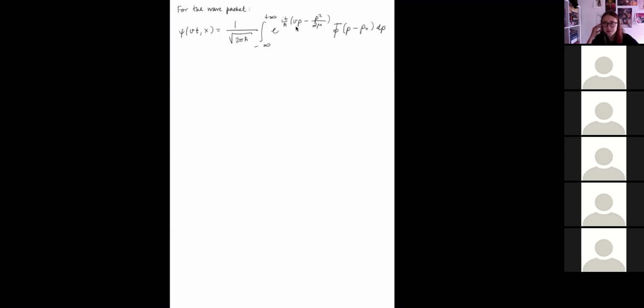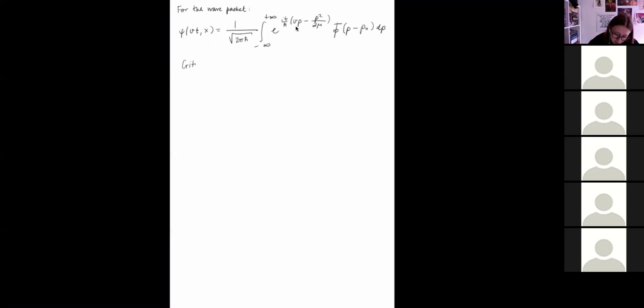So here we're integrating over p instead of k, but that's just the change of the variable. So first, as we learned from our analysis before, we need to find the critical points of the function f.